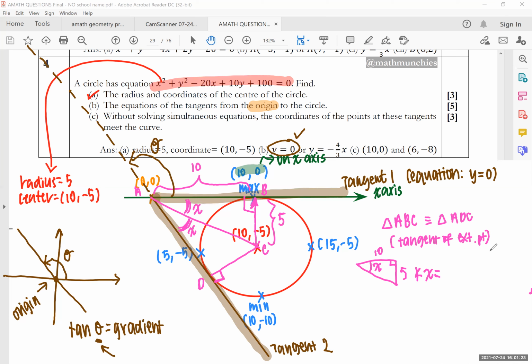Are you in degree mode or radian mode? So what is angle X?